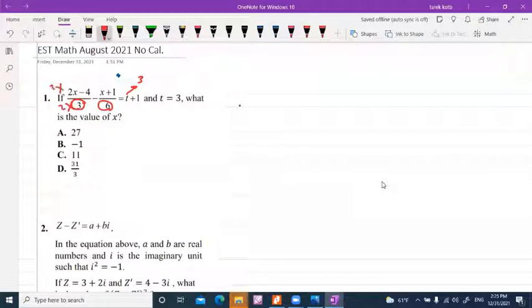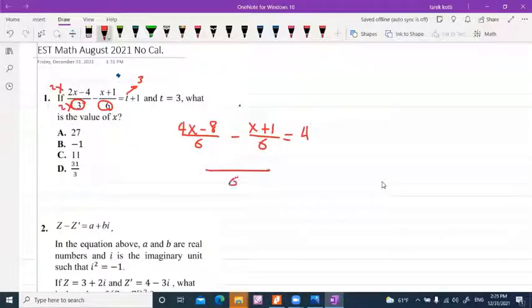So it will be 4x minus 8 over 6 minus (x plus 1) over 6 also equals 4. Good. Since you have common denominators, subtract this expression: it will be 4x minus 8 and then negative x minus 1 equals 4 over 1.